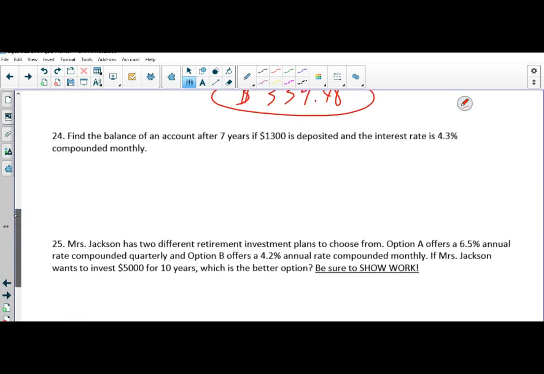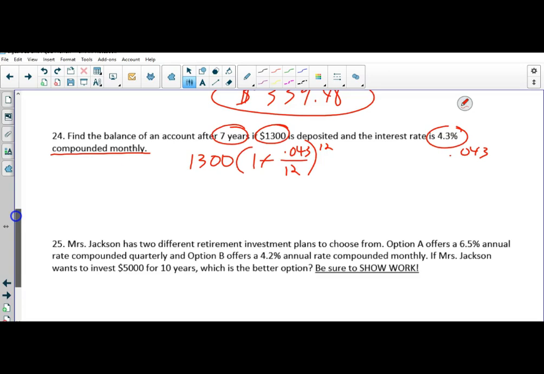2 more to go. Okay, initial investment, $1,300. Rate, 0.043. Compounded monthly, that number goes here and here. 7 years goes there.